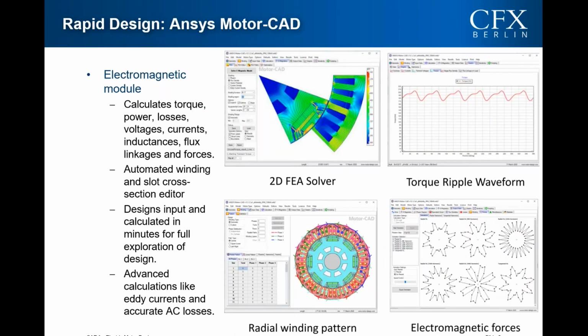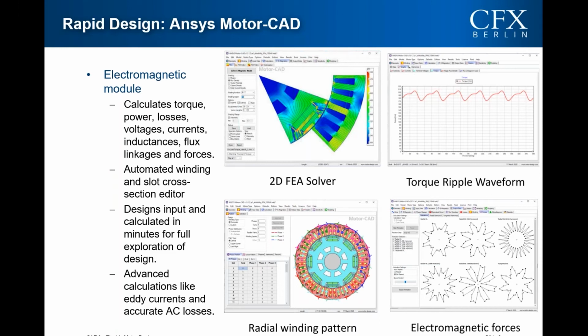With the electromagnetic module of MotorCAD, you can calculate torque, power, losses, voltages, currents, inductances, flux linkages, and forces. Those results are based on an analytical modeling approach combined with an embedded 2D transient FEA solver. The module offers an automated winding and slot cross-section editor.